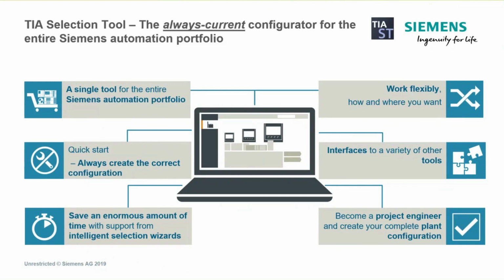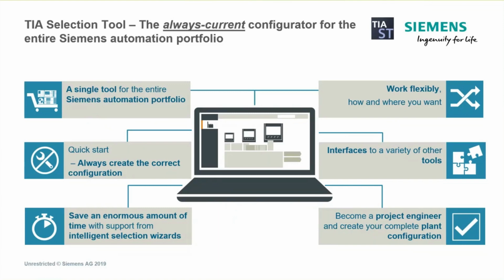It does have a number of different interfaces to other tools. So the TIA portal, it's our automation engineering environment. We do have a way to export this hardware configuration that you develop and design in the selection tool, and you can automatically import that into the engineering software.